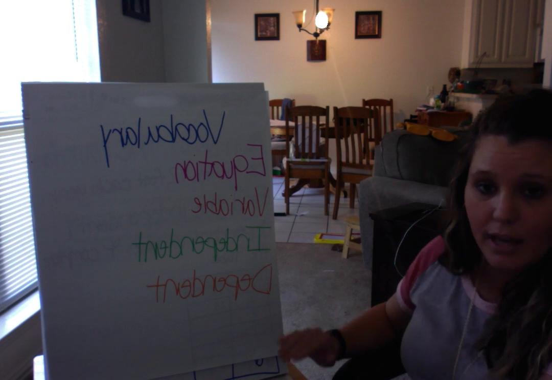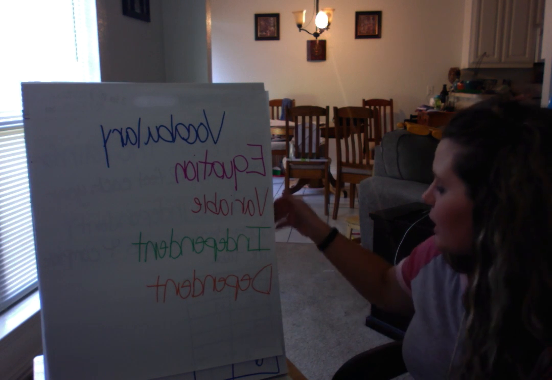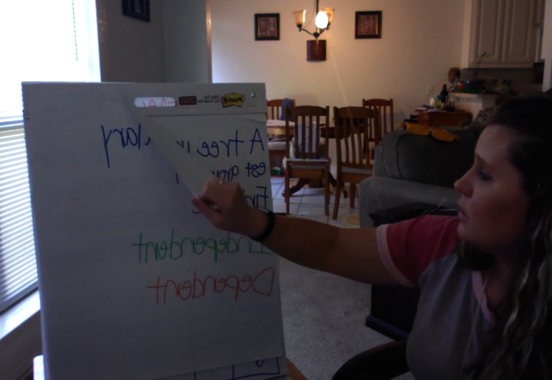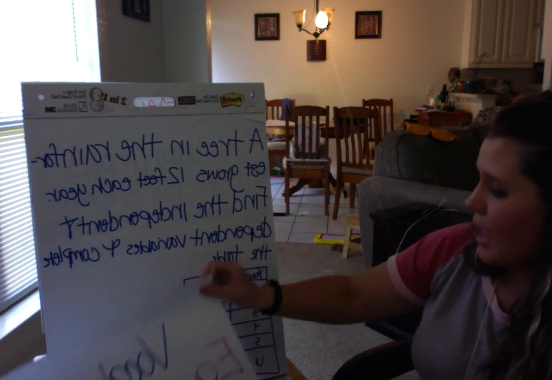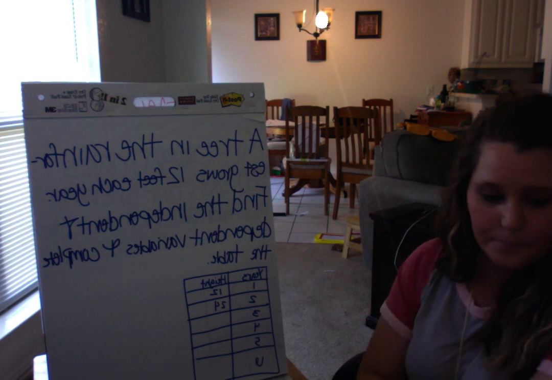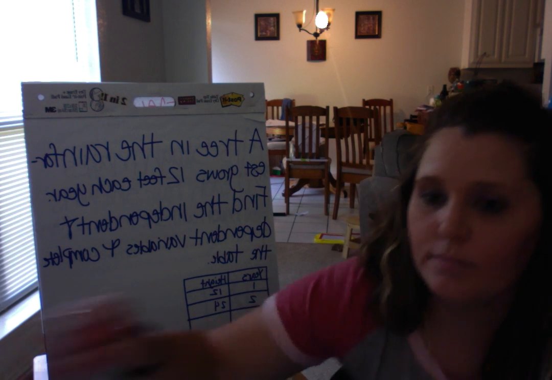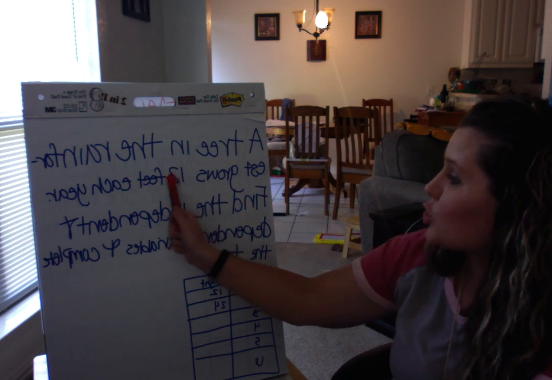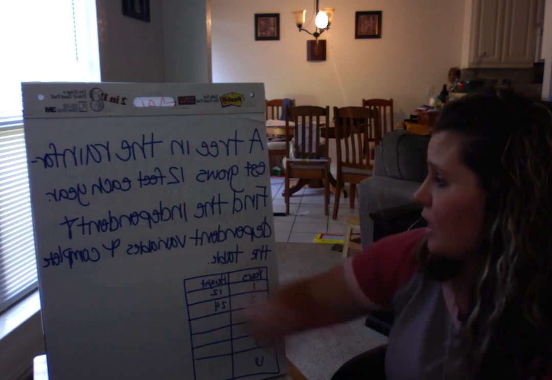So now that we know our vocabulary words, we're going to look at some examples. We have an example here. We have a tree in the rainforest. It grows 12 feet each year.